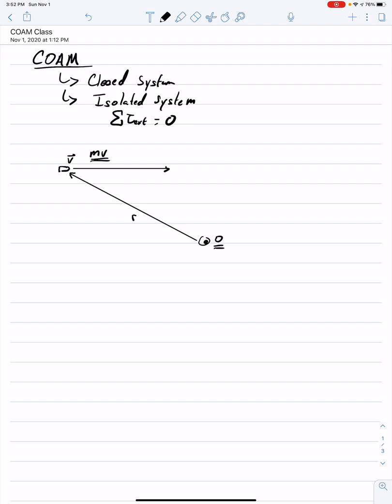So that's extremely important, and that can be rewritten as angular momentum is equal to r, the distance from the object to the reference point, times p, which is linear momentum, okay?